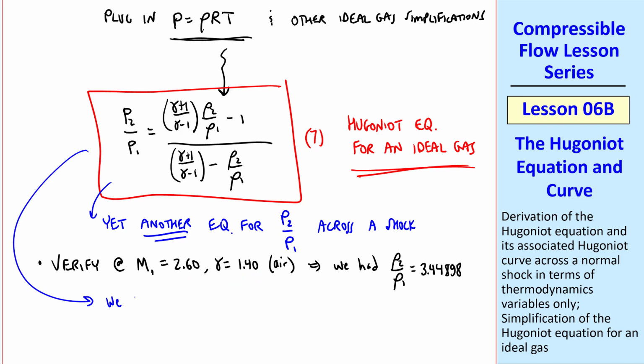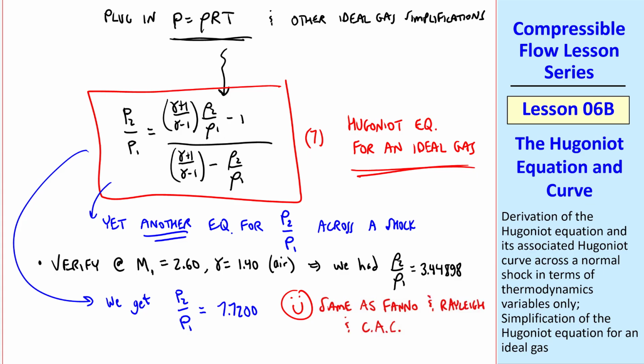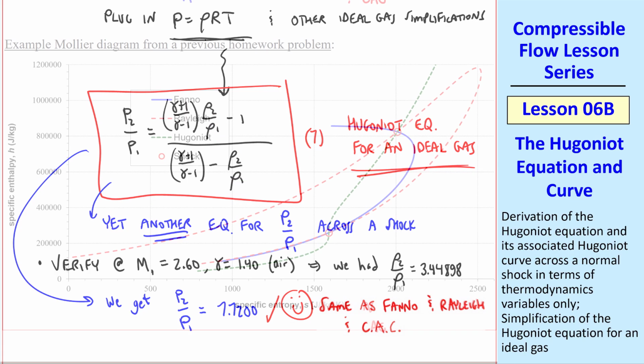And when you plug in this density ratio and gamma, we get P2 over P1 equals 7.7200, which is the same as what we got previously with Fano and with Rayleigh, and with the compressible aerodynamics calculator. So we verified that this Hugoniot equation is correct. Again, notice that there's no Mach number in this Hugoniot equation. It's purely thermodynamics, although we use the Mach number to get the density ratio here.